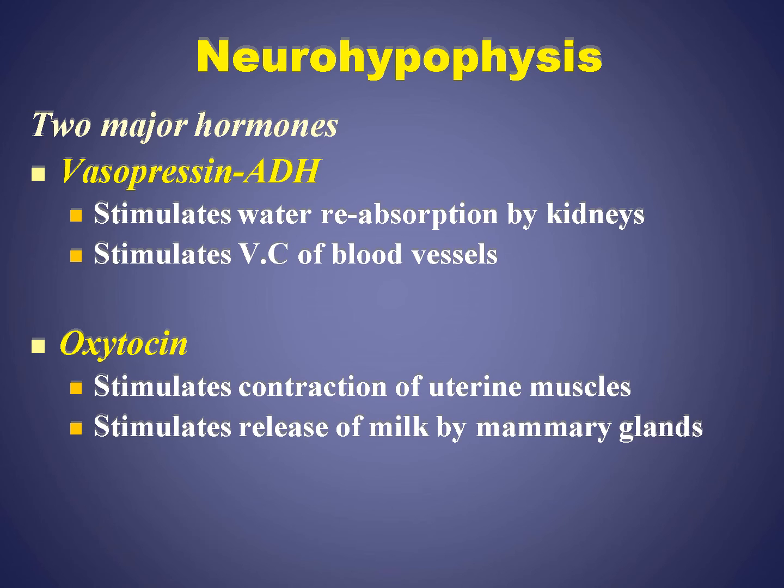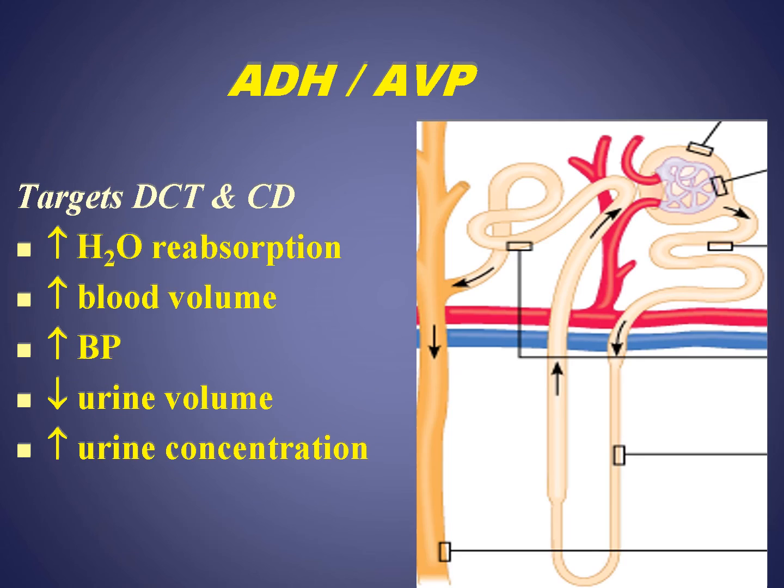From the names of these hormones, vasopressin and ADH: vasopressin causes vasoconstriction of blood vessels to raise the blood pressure, while ADH, from its name, is antidiuretic hormone. It prevents diuresis, preventing water loss through the kidney tubules to outside the body.